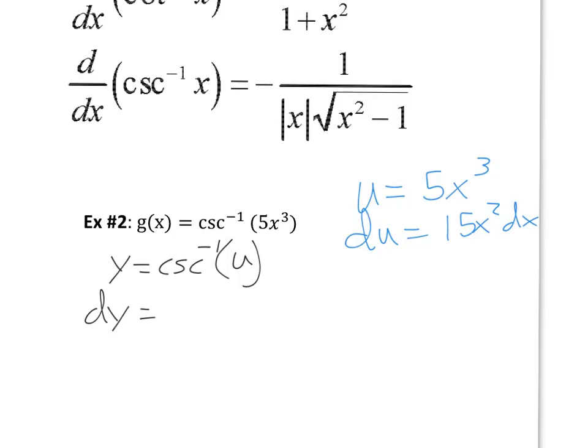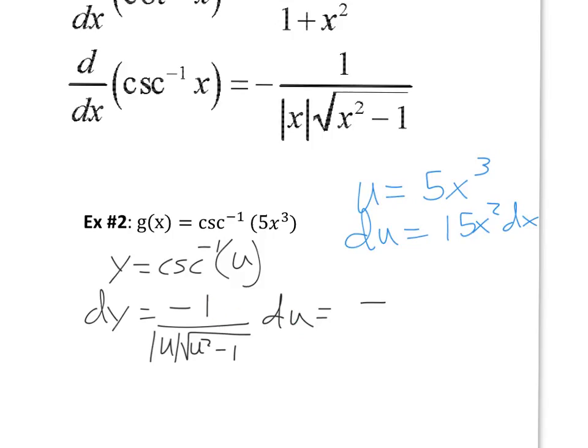So the derivative of arc cosecant is negative 1 over the absolute value of u, times the square root of u squared minus 1, and then don't forget to multiply this by du. So when I go to plug my u back in, since I'm multiplying by du, it could really just go on top.